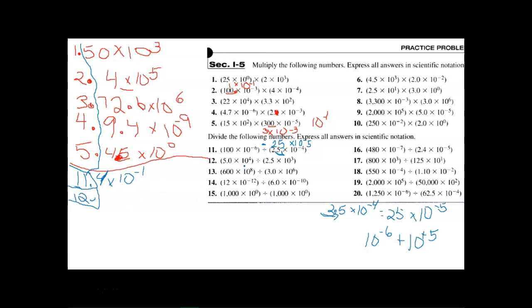All right, for number 12, we have 5 times 10 to the 4th divided by 2.5 times 10 to the 3rd. So 5 divided by 2.5, you can just basically do this out the same way.